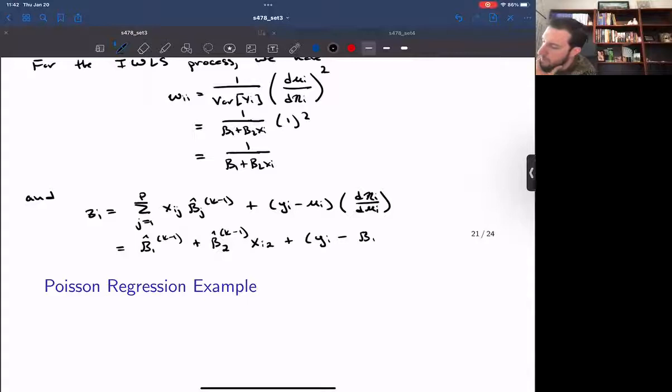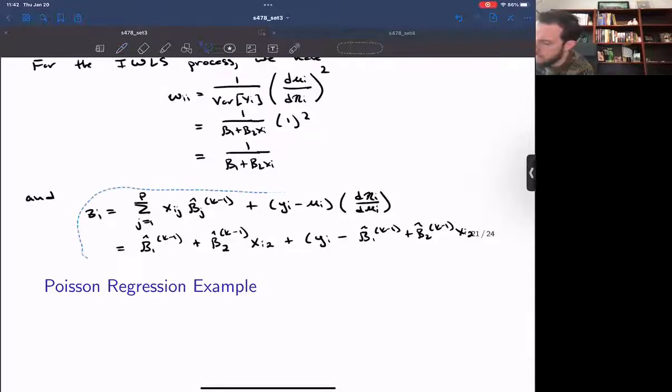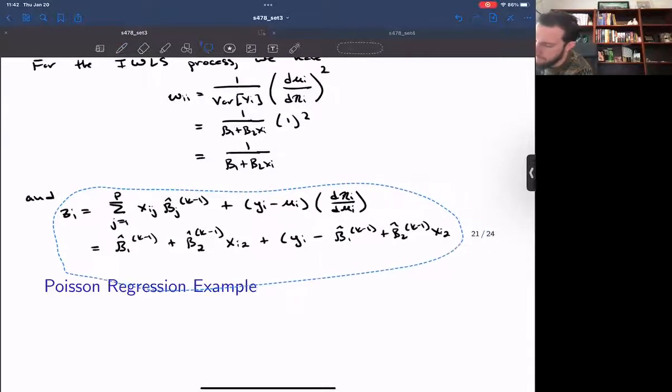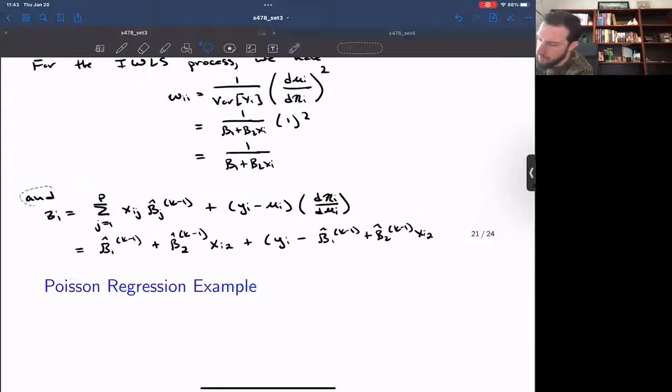So what I mean is we can say y_i minus beta hat 1 at k minus 1 plus beta hat 2 at k minus 1 times x_i2, since we're on the kth iteration in this case, such that this thing simplifies to y_i.